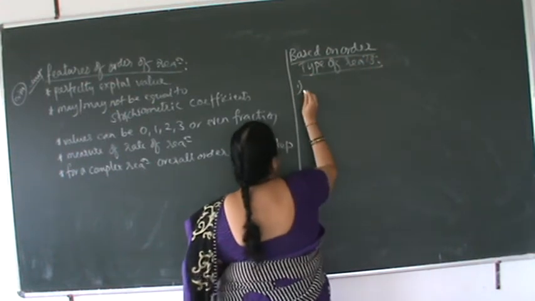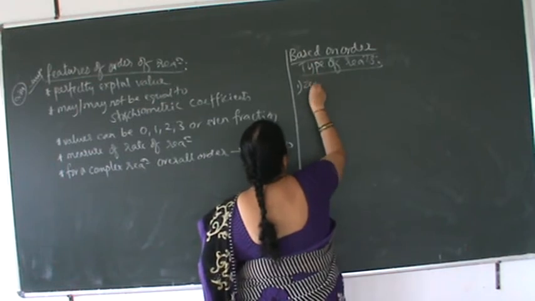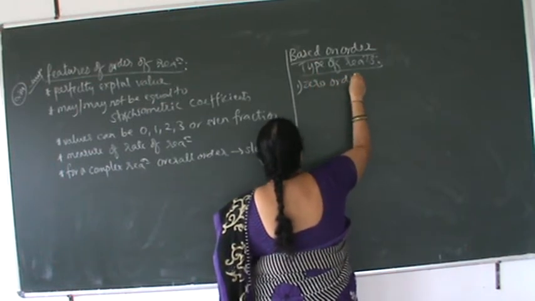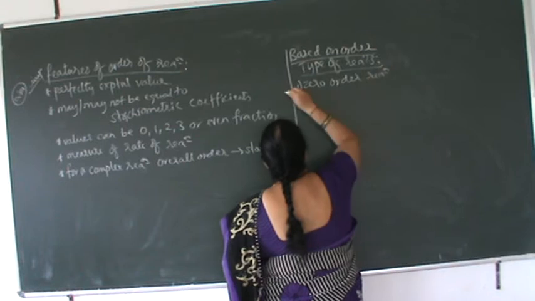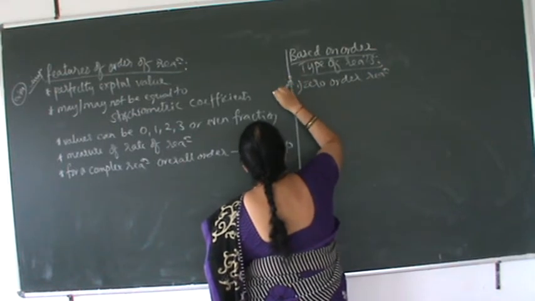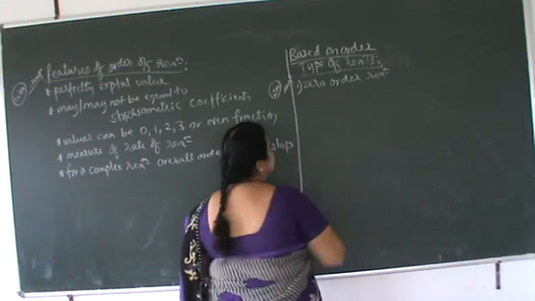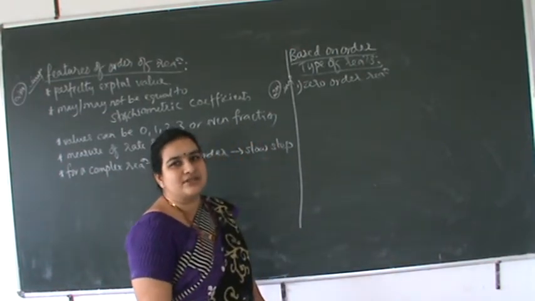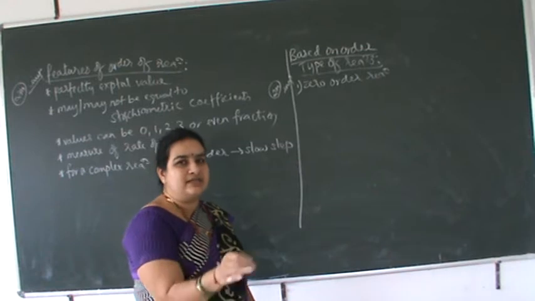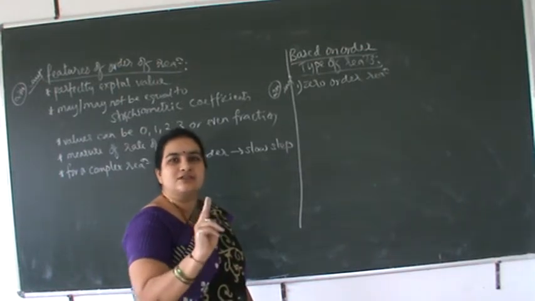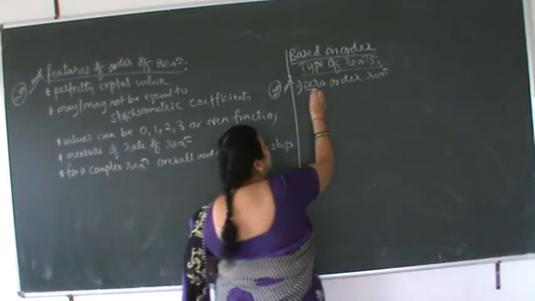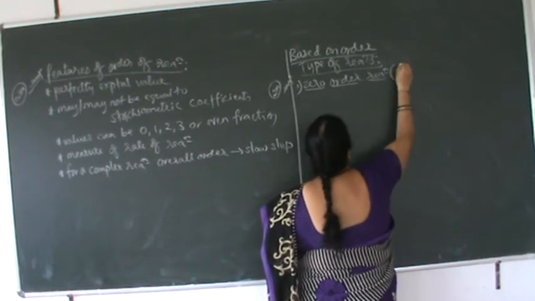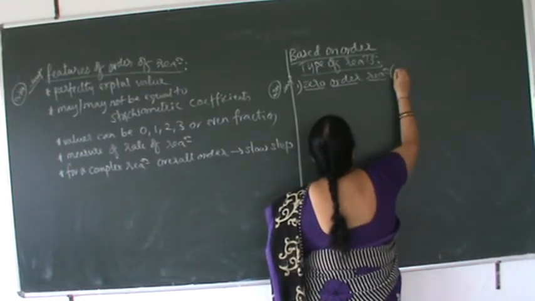So here first, zero order reaction. This may be asked in 2 marks. The question will be like this: define zero order reaction, give an example, or define first order reaction, second order reaction, anyone, for 2 marks. Zero order reaction. So here order will be 0.